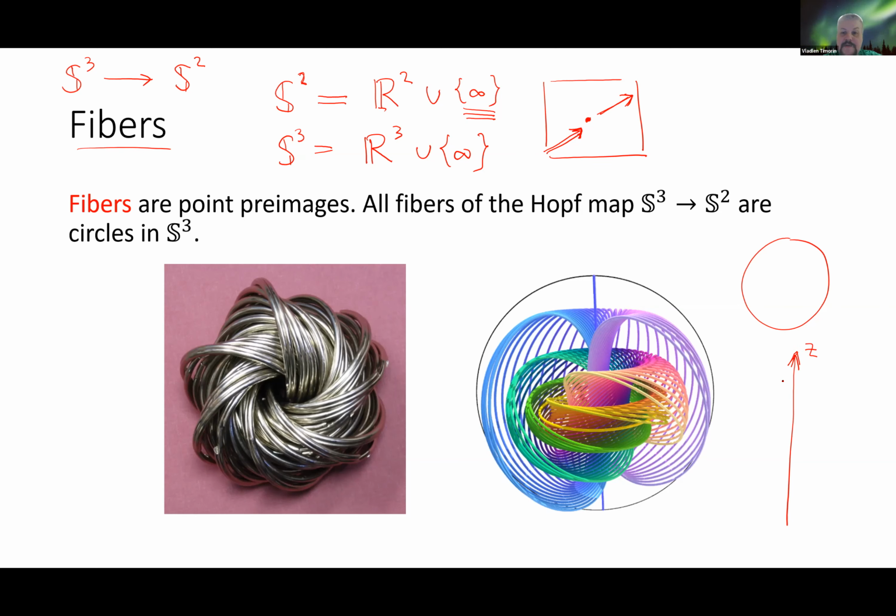All other fibers will be arranged into tori. And these tori will share the same axis, namely the z-axis will be the axis of all these tori. So a single torus is shown here, and this figure is more complicated.